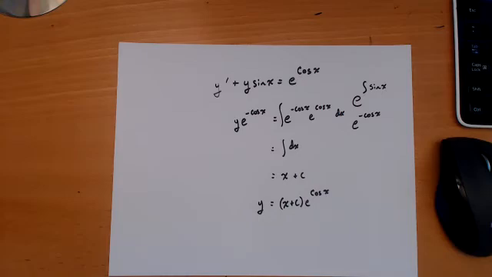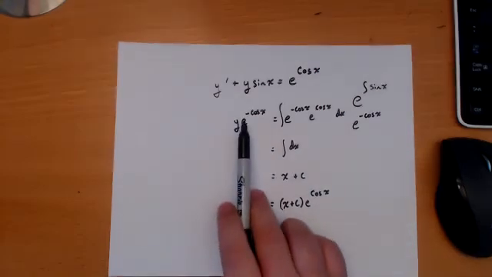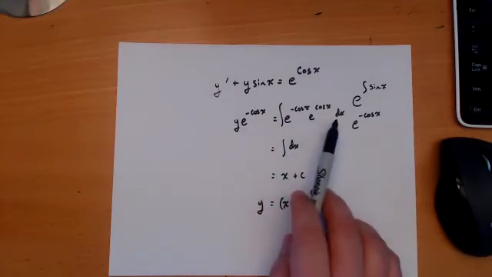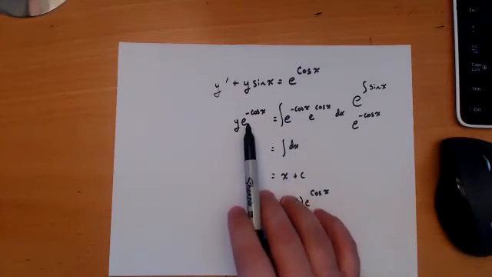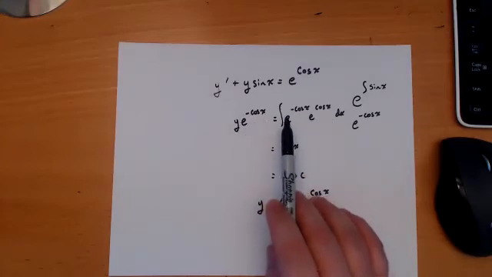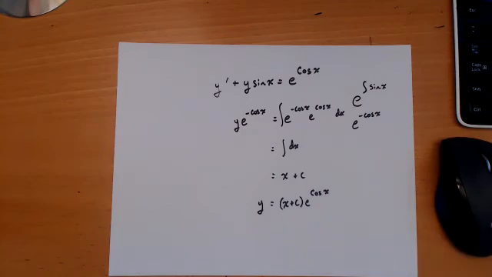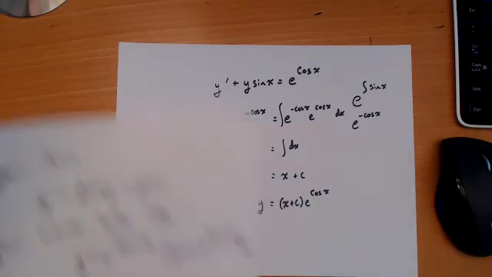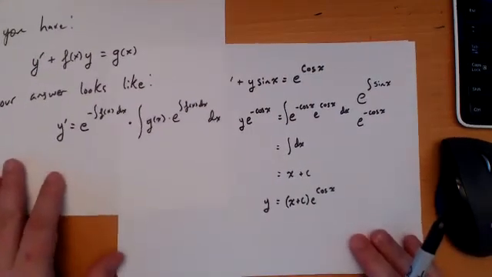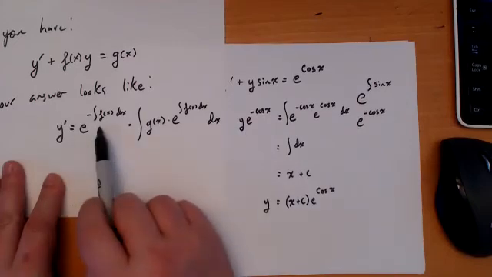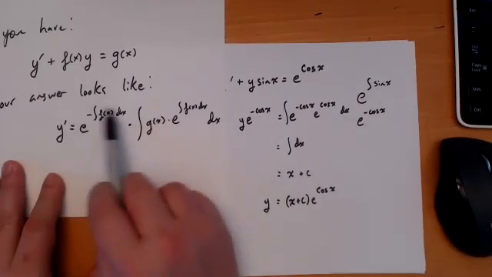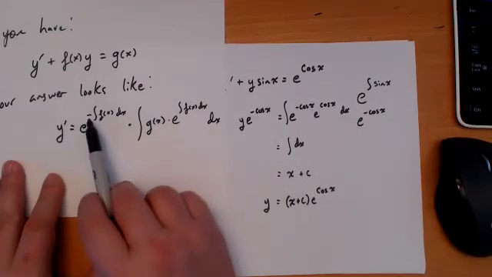So this one wasn't so bad, I hope. And here I am kind of jumping to the end by knowing what that generalized form was. If we go back to that generalized form, it was of this shape. This is your integrating factor with a negative out in front.